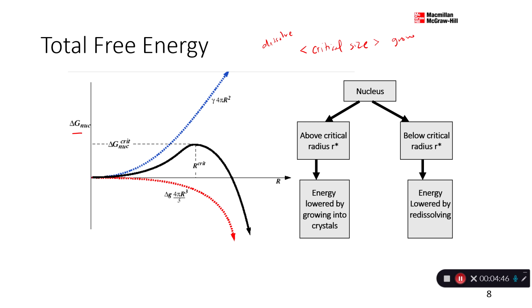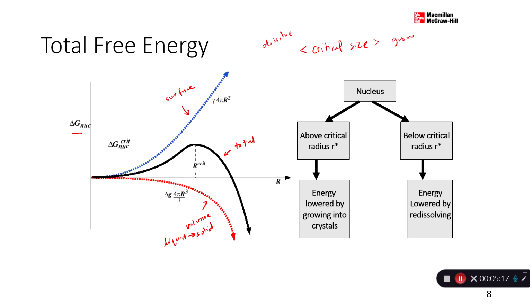The black line here is the total energy. This is the surface energy, and this red one is the volume energy. What you see here is that volume energy reduces as more liquid turns to solid.